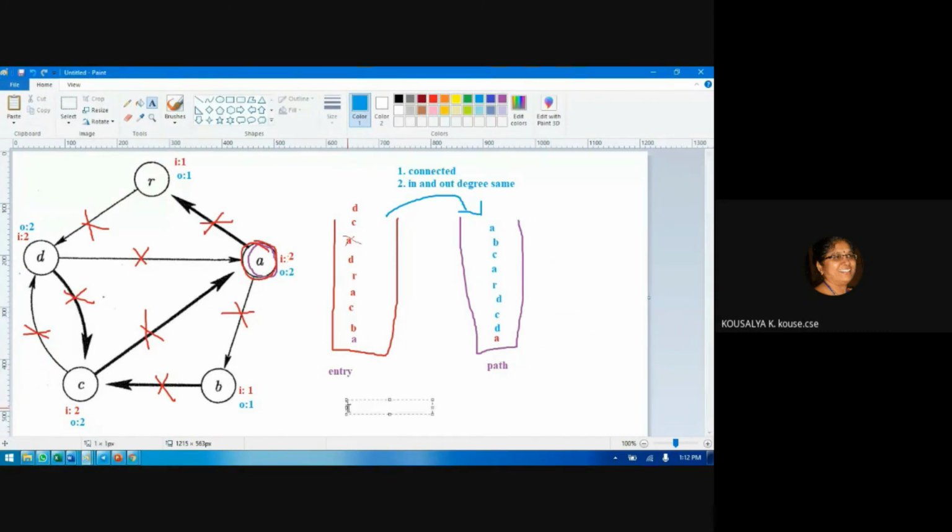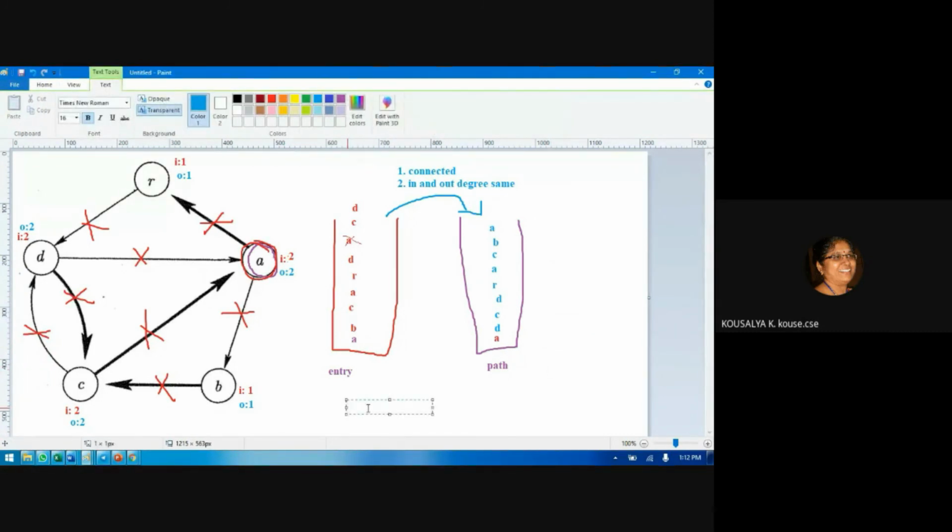Now I have this Eulerian path or Eulerian circuit. Here we are having two odd degrees available.